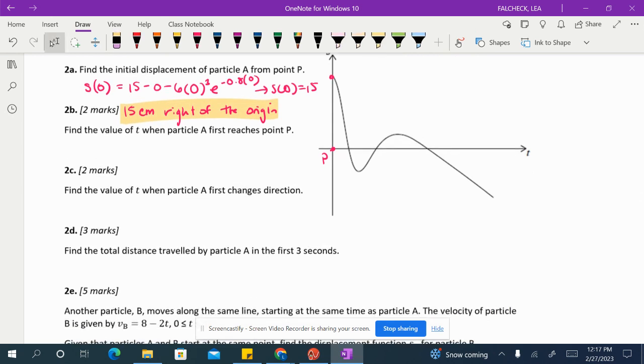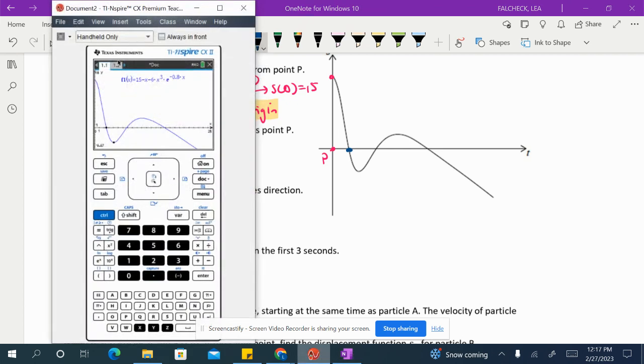2b. Find the value of t when particle A first reaches point P. When it reaches point P is when it crosses the t axis, right? So we're going to find that first t intercept, and we're going to do that on the graph. So go ahead and graph it on your calculator, and then you can just graph trace, and that'll give you time equals 2.47.